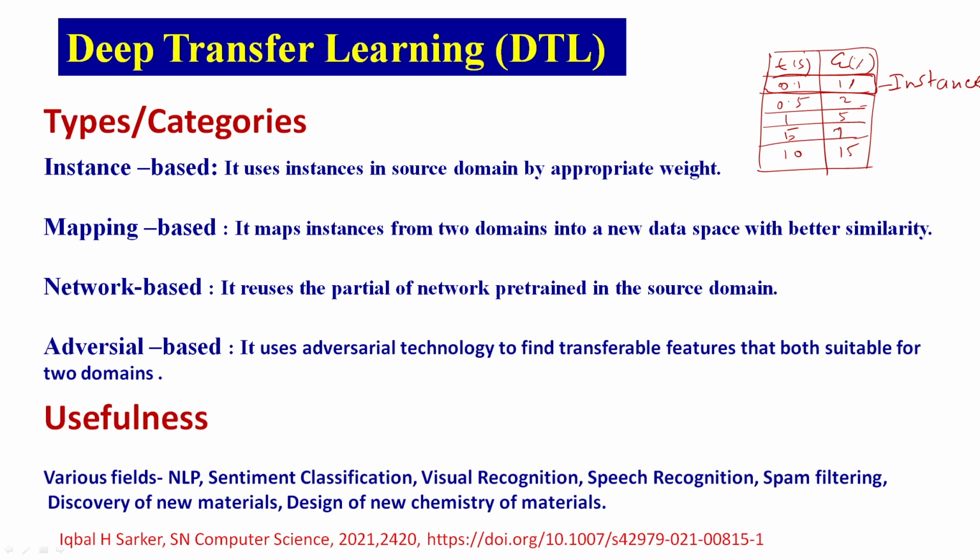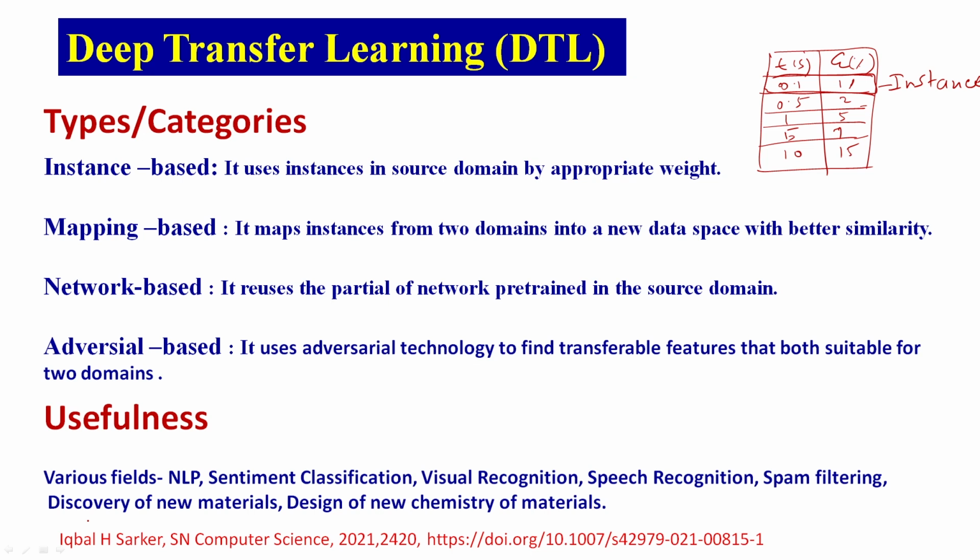The second one is mapping based. It maps instances from both the domains into a new data space. Why is it done? To find better similarity, because you are going to learn from one domain and use the other domain. So, you should find better similarity, that is called mapping based.